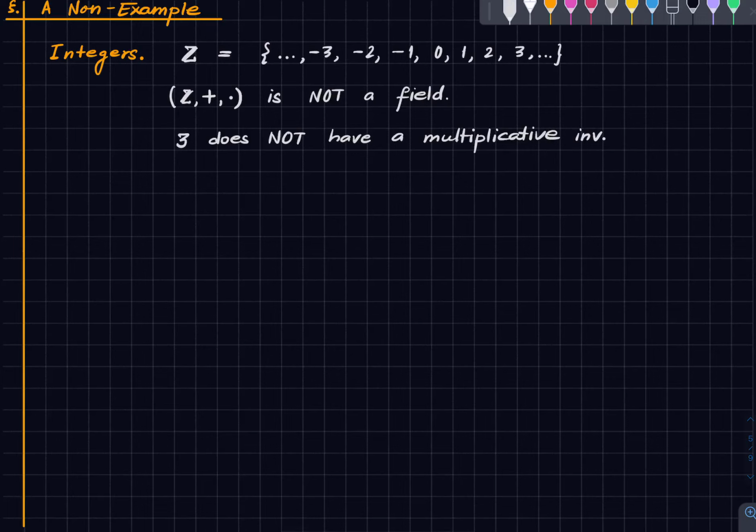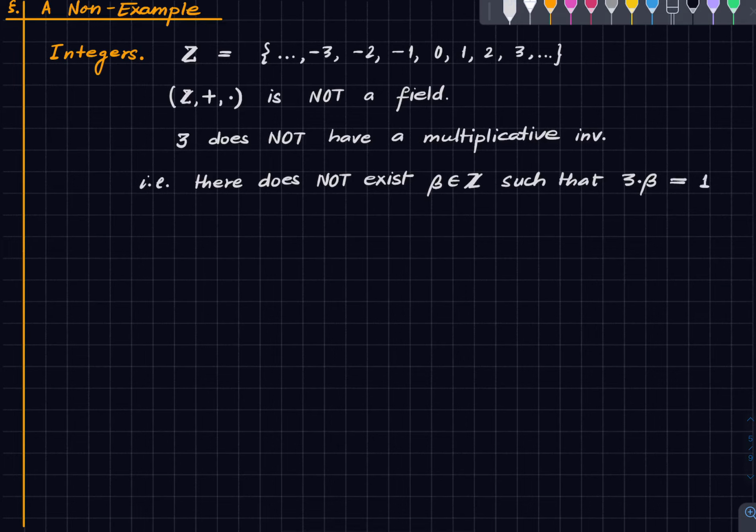If you recall the definition of a multiplicative inverse, it means that there does not exist some beta in Z such that 3 times beta is the multiplicative identity of Z. But what is the multiplicative identity of Z? 1.